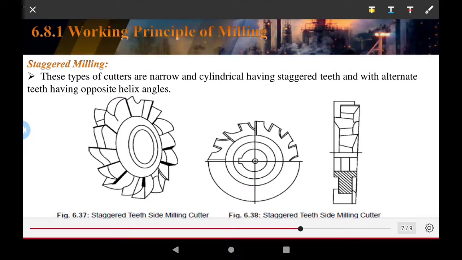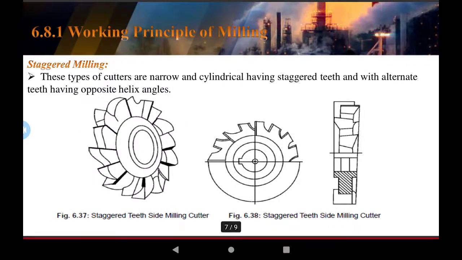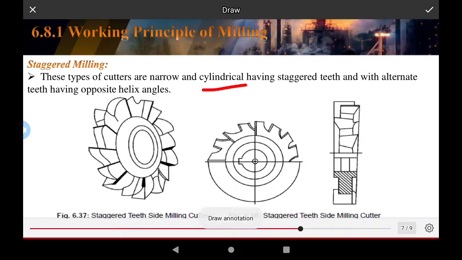The working principle of the milling machine continues: straddle milling machine. The types of cutter are narrow and cylindrical, having straight teeth, with alternate teeth having the opposite angle.